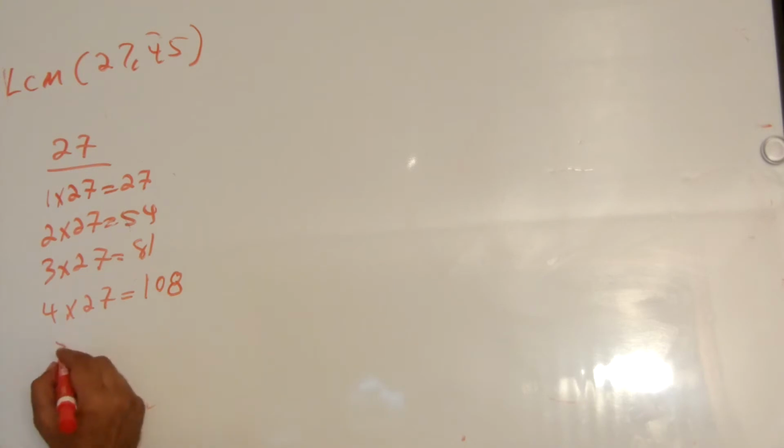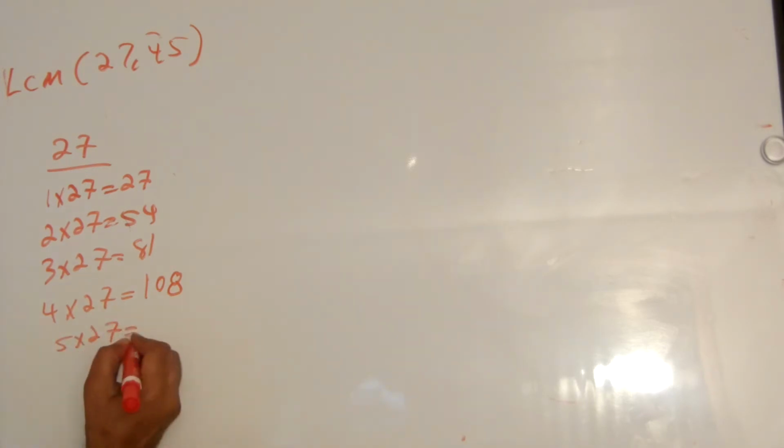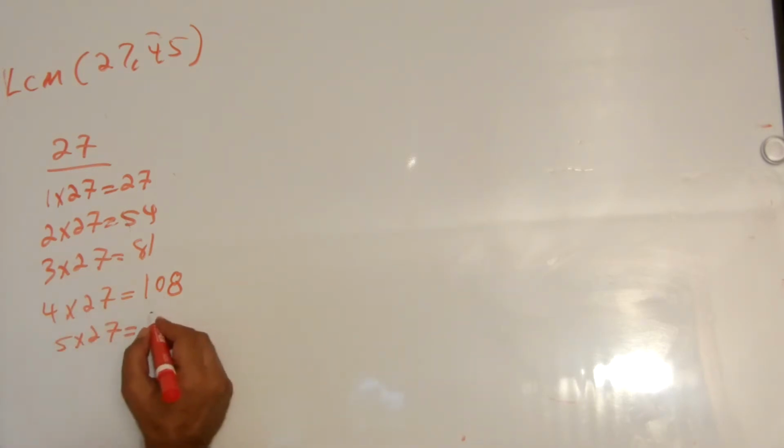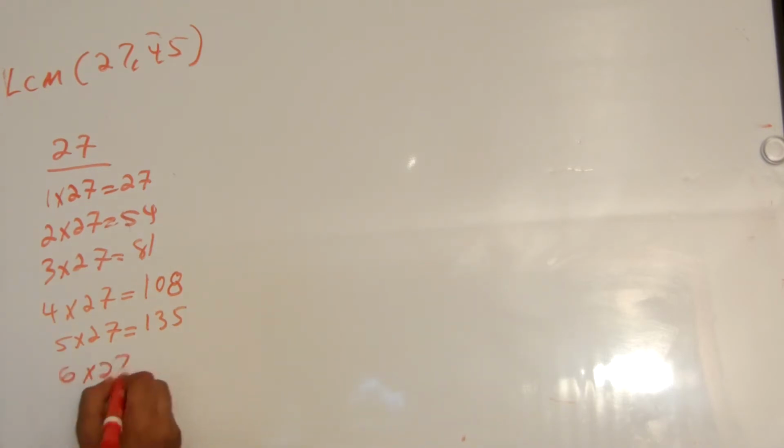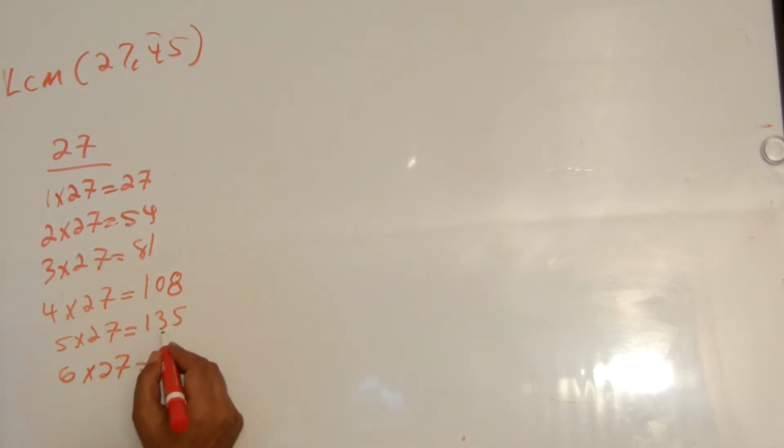And then 5 times 27 is going to be 135. 6 times 27 is going to be 162.